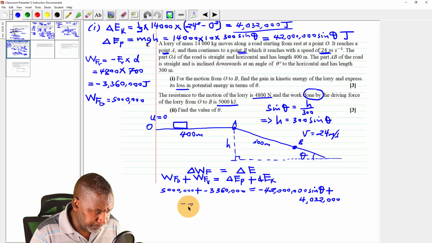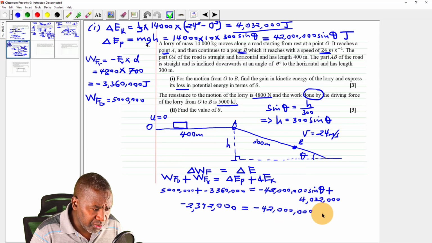2,392,000 is equal to negative 42 million sine theta.